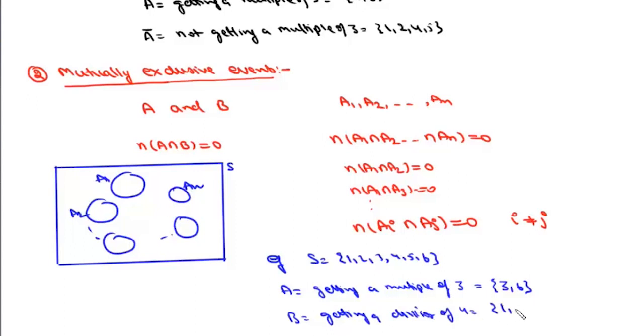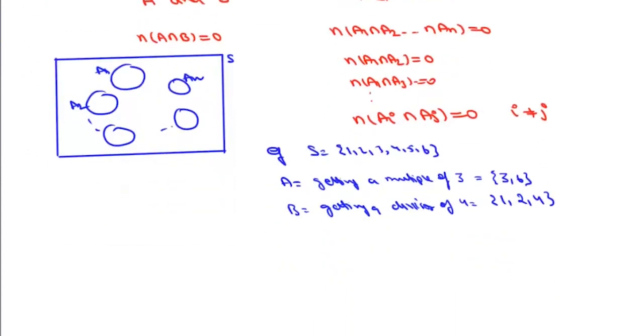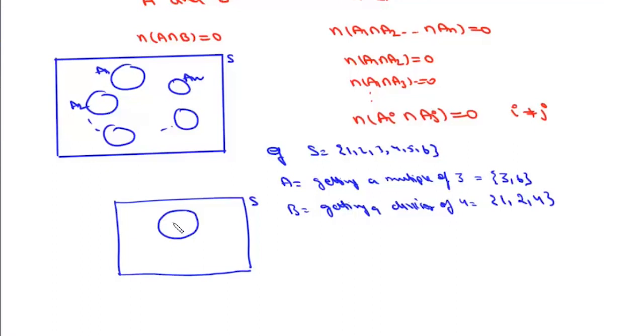Now divisors of 4 are 1, 2 and 4. So in this case, we have this sample space, then in this event A we have 2 points, 3 and 6. In this event B we have 3 points, 1, 2 and 4, and then we have this point which doesn't lie in either A or B.